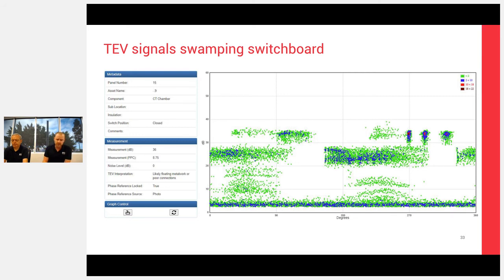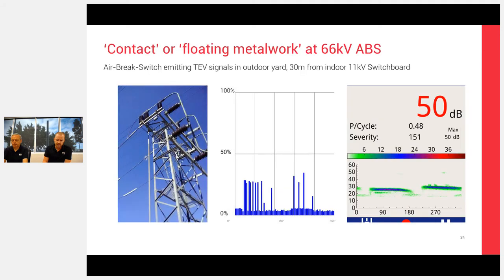Now, we went outside and did a scan outside, and we found that there was a 66 kV air brake switch. This was one that Neil found a little bit earlier than before I got there. But this 66 kV air brake switch, which you can see on the left, had some sort of poor connection up the top there, or some sort of floating metalwork type issue where you've got a piece of metal that's just not bonded together properly or close to the HV, and it's causing discharge.